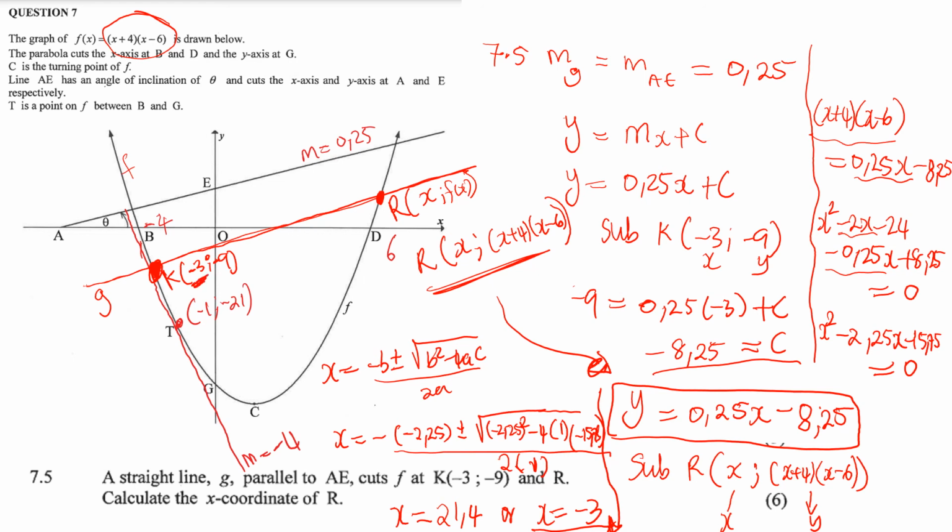Now we got this other coordinate, which is 21 over 4. It's not 21.4, it's 21 over 4, which is 5.25. So that is the x coordinate of R. We can finally conclude the x coordinate of R is 21 over 4, which is the same as 5.25.